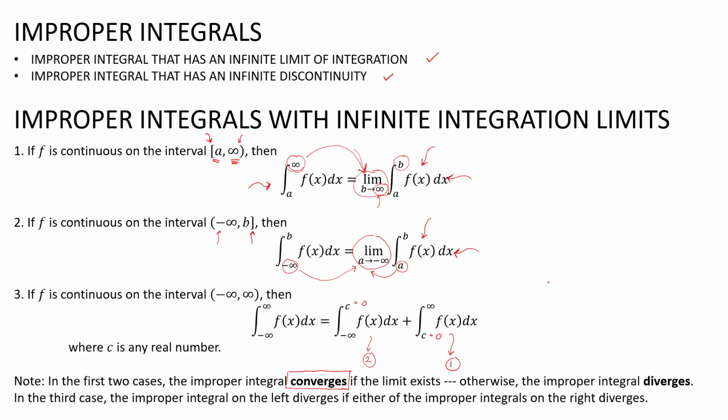If the limit is non-existent, so let's say the answer is negative infinity or infinity, so it's not an exact value, we can call it divergent or diverging, or the improper integral diverges. So it converges if the limit exists. Otherwise, if the limit is non-existent, it diverges.